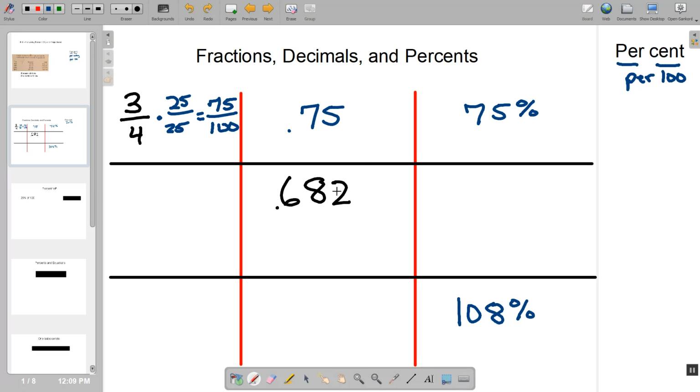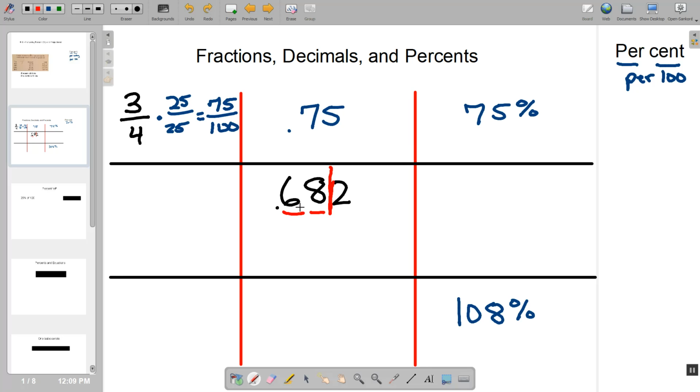Now if we're given a decimal, and that decimal doesn't have a clean hundredth number, we notice here this is the tenths place, this is the hundredths place, so our percentage will stop right there. Now, some teachers might let you round, but in my case, I don't want you to unless you absolutely have no other choice.